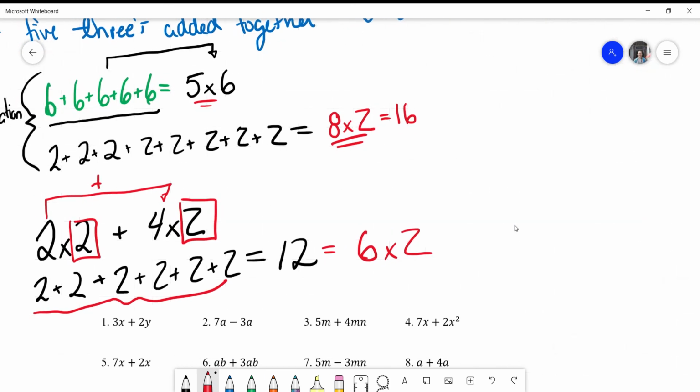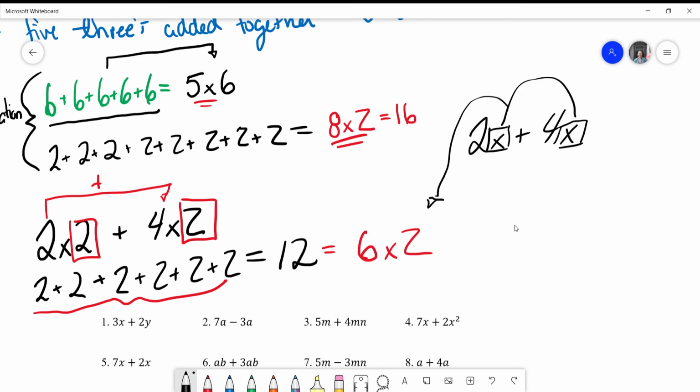So now I'll get back to the point that I was going to make before. The point I was going to make is that with x's, it's the same. If we have, in this case, 2x plus 4x, this is like our 2 in the previous question. This just means x plus x, plus 4 x's: x plus x plus x plus x.